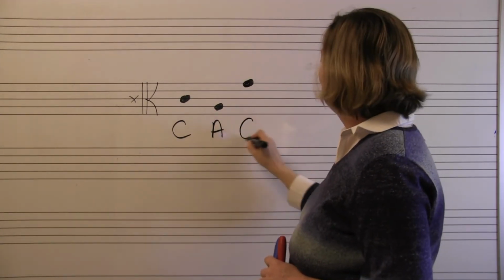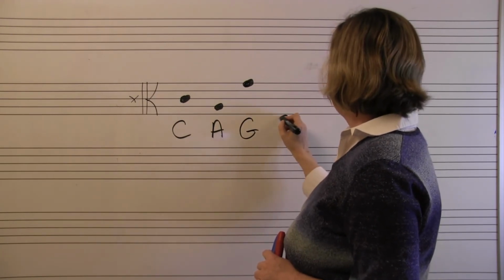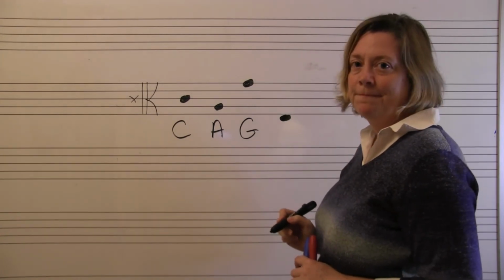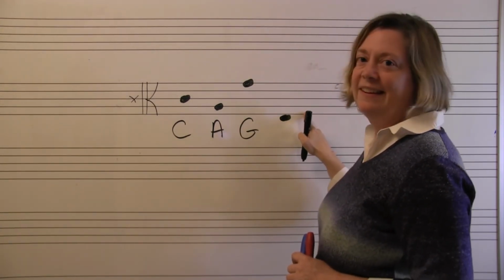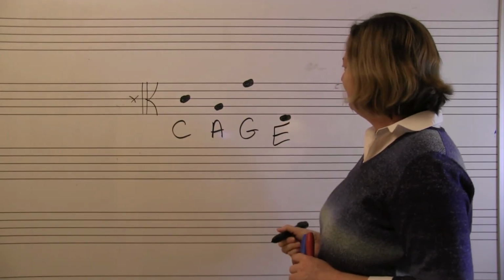G. Yeah. Okay, one more. How about this note? Right below the staff. Do you remember what this bottom line was? That was F. So this is E.